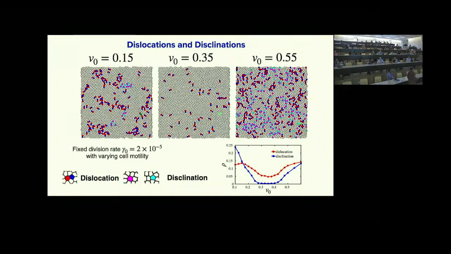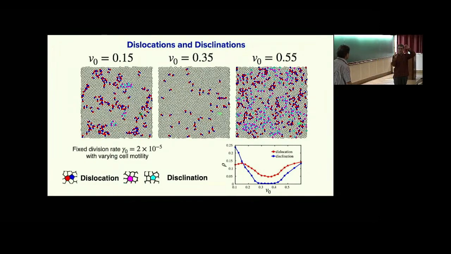Yeah. And the other question is very naive. How would you change your model to go from hexatic order to tetratic order? Do you have to change interaction somewhere? Most likely the tetratic is six-fold order with two very short edges.